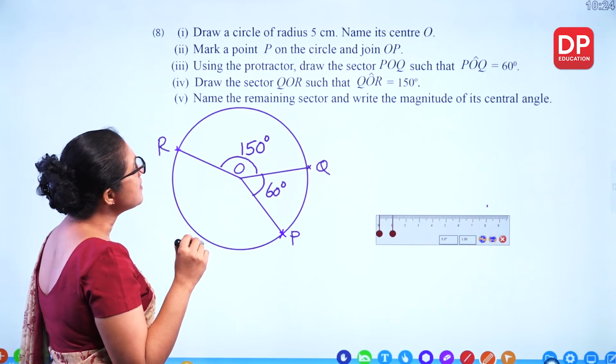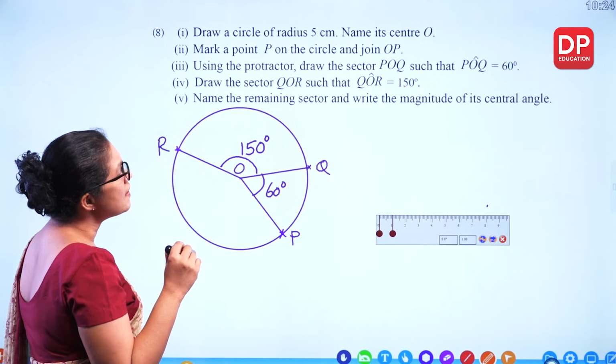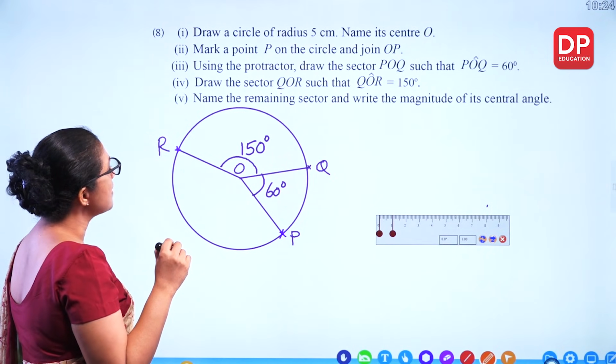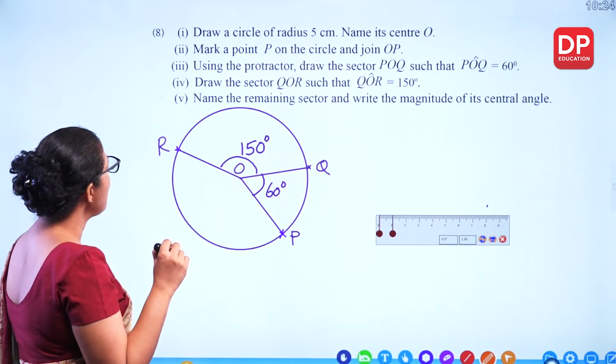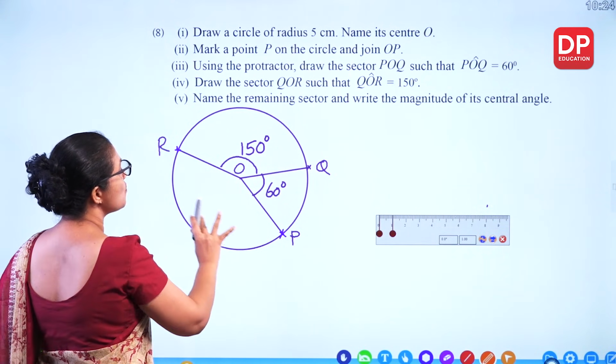Name the remaining sector and write the magnitude of its central angle. So how can we name the remaining sector? The sector is this one.